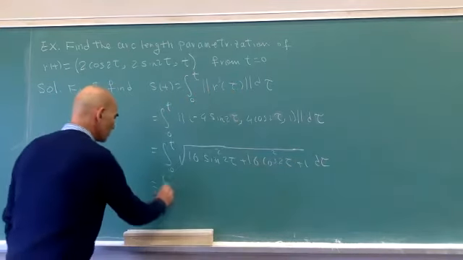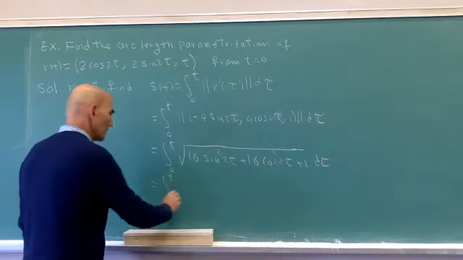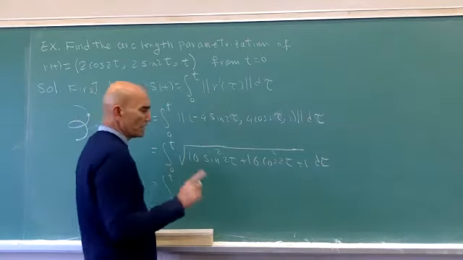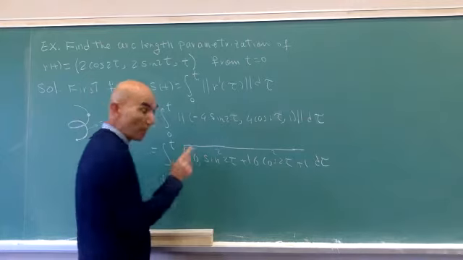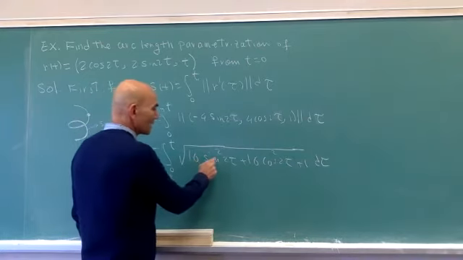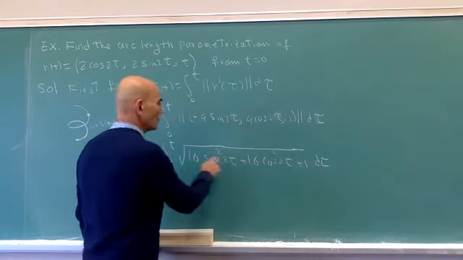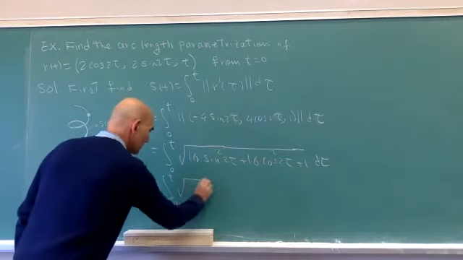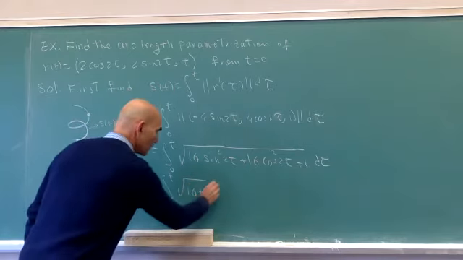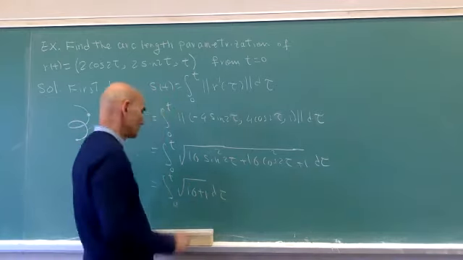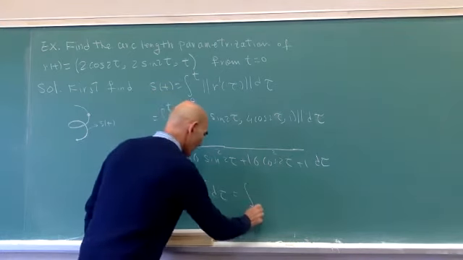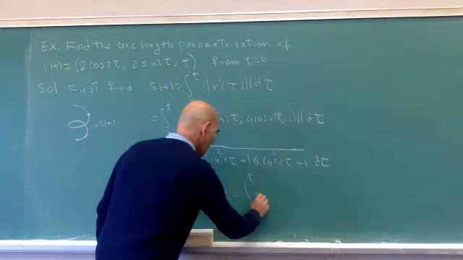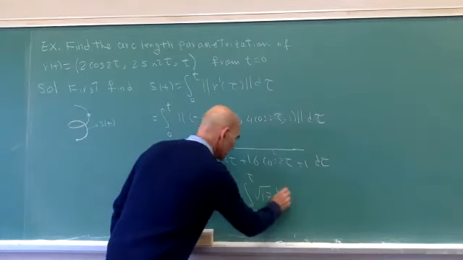Now, it's a lucky situation. It's designed to be like that, actually. Sine squared plus cosine squared is 1, so this is 16 plus 1, d tau. The integral from 0 to t of the square root of 17 d tau.